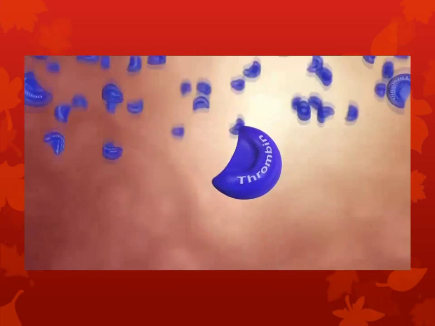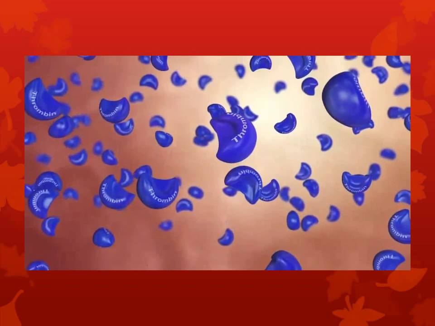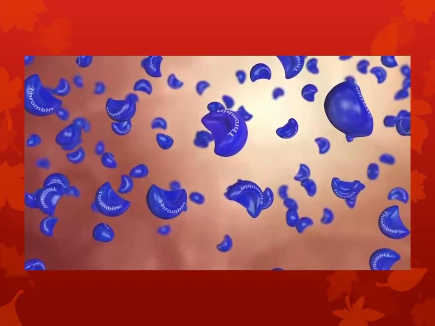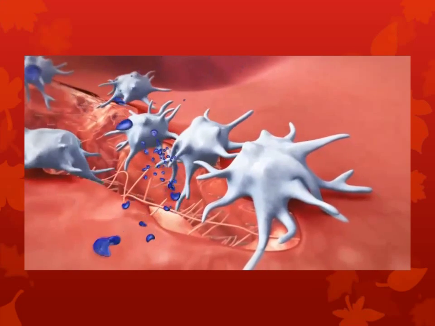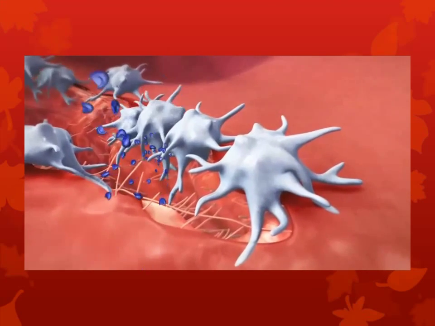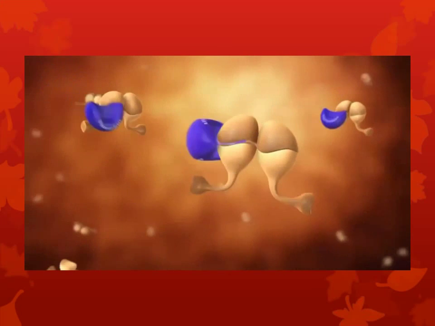One molecule of factor 10A can catalyze the formation of 1,000 molecules of thrombin. These large amounts of thrombin cause the further activation of platelets and the enhanced formation of fibrin.